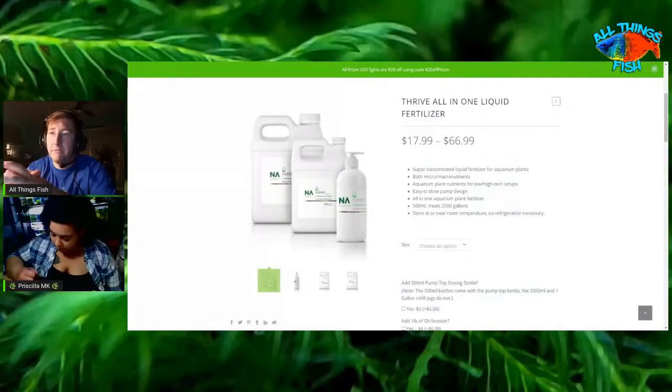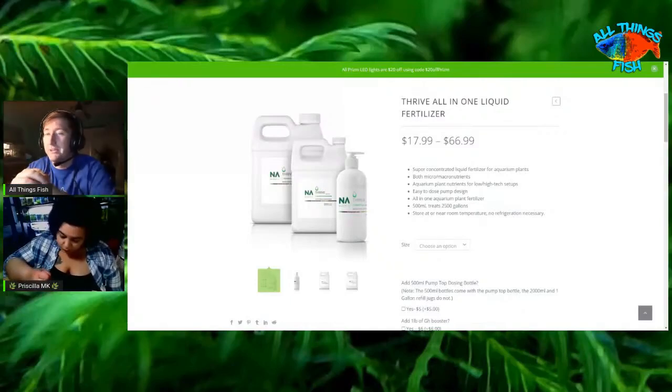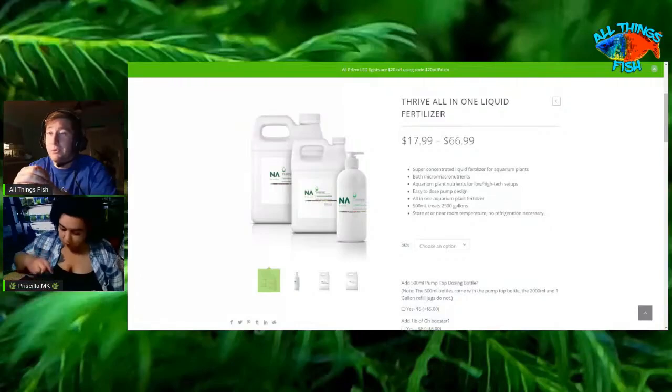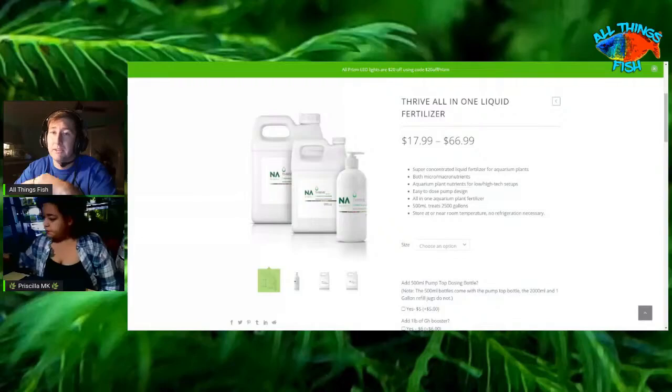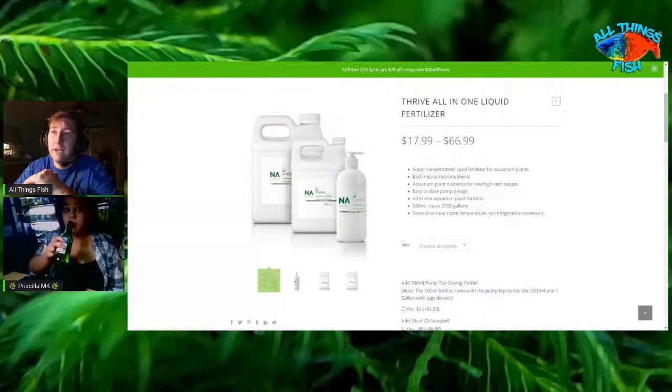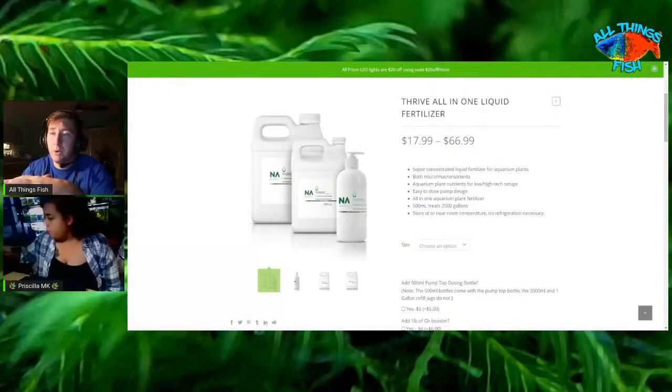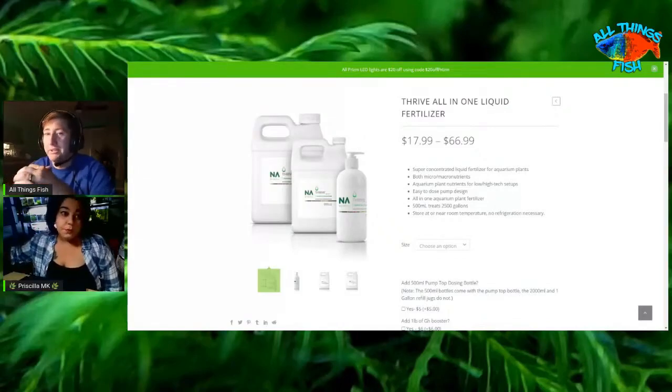But like I said, Thrive, similar to Easy Green, is an all-in-one fertilizer, both your micros and your macros, all at once. It's just a couple squirts in the tank based on your tank size, and it works super well. Within the planted tank community itself, Thrive is probably one of the most well-known and most respected all-in-one liquid fertilizers.